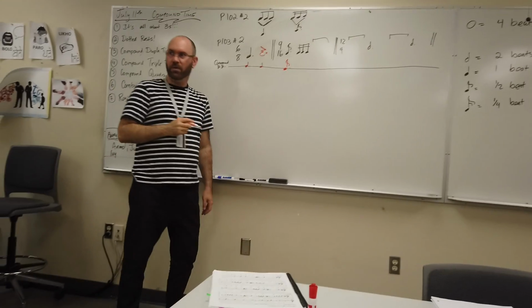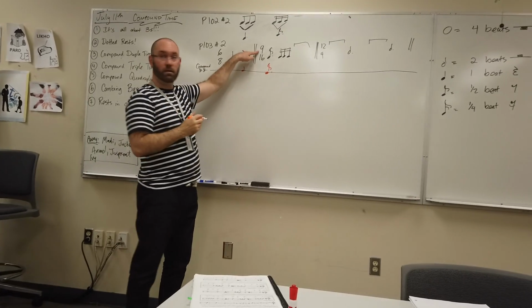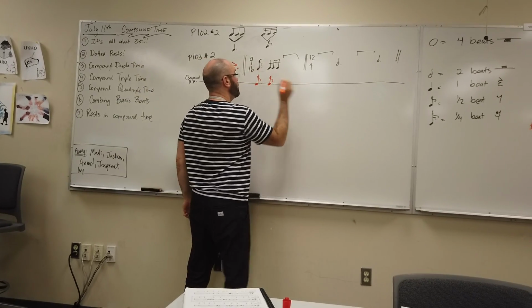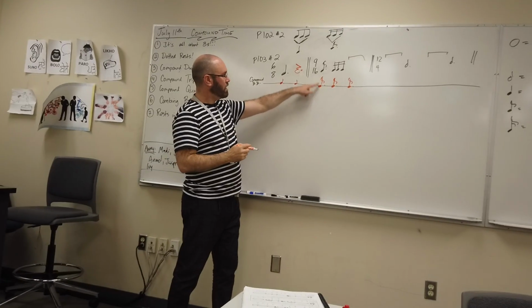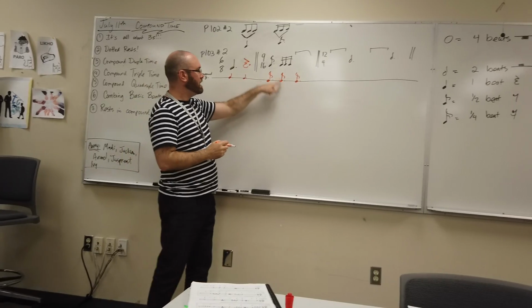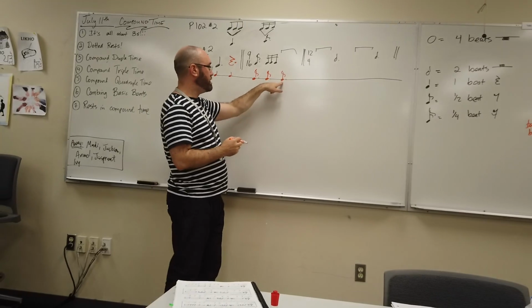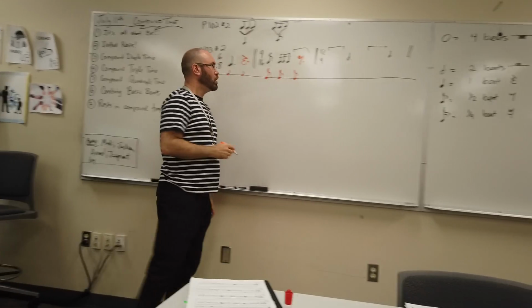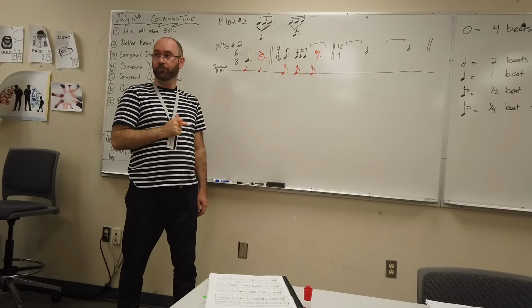And how many dotted eighth notes are we going to have? 3. Because 3 times 3 is 9. 1, 2, 3, 4, 5, 6, 7, 8, 9. Okay, so there's the first basic beat. These 3 sixteenth notes, that makes that. So second basic beat. What's missing? Eighth note with a dot, or eighth rest with a dot. That's how we finish that.